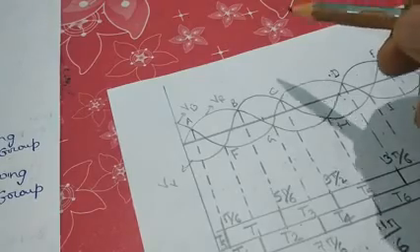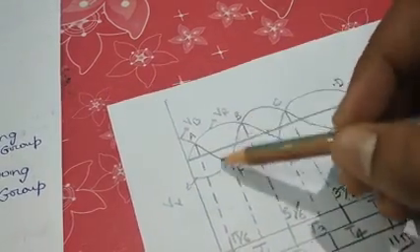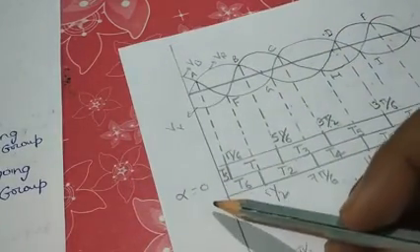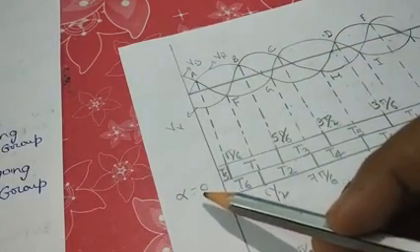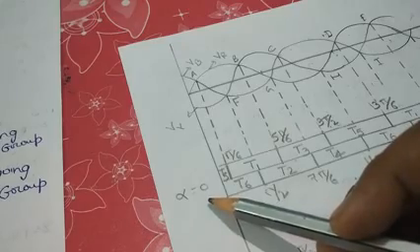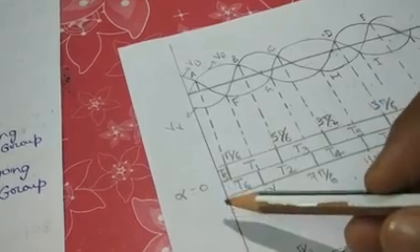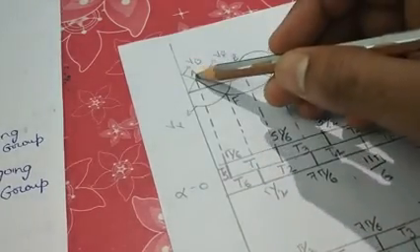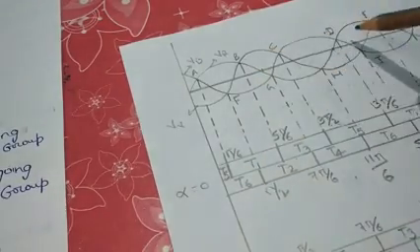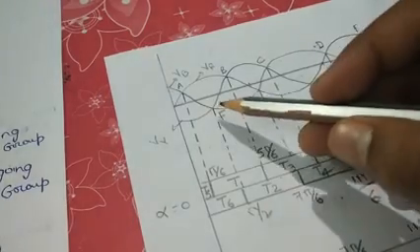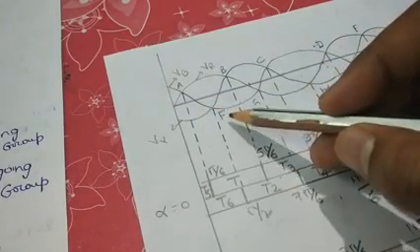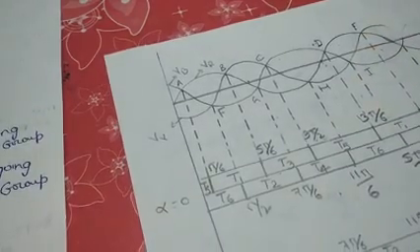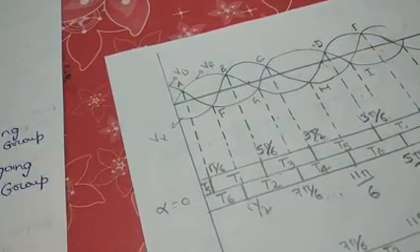We will take the case first as a firing angle of 0. For the firing angle of 0, we will calculate the points A, B, C, D, E. Similarly, we will analyze points F, G, H, I.